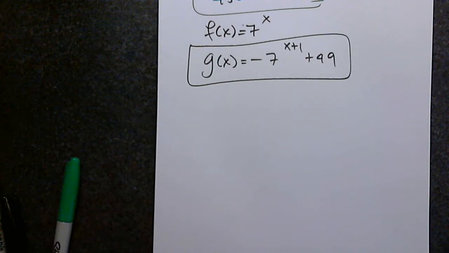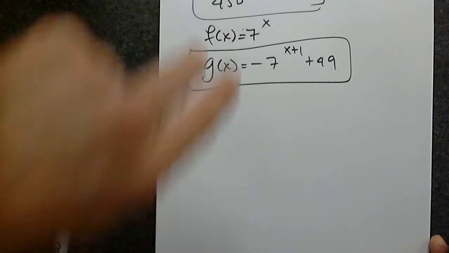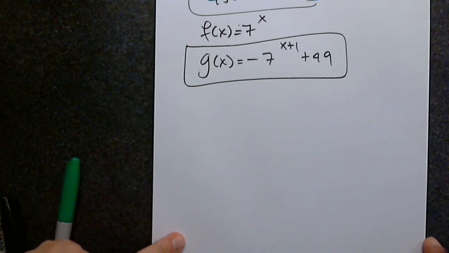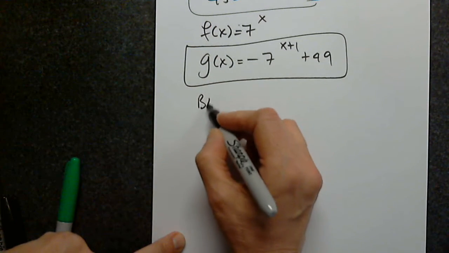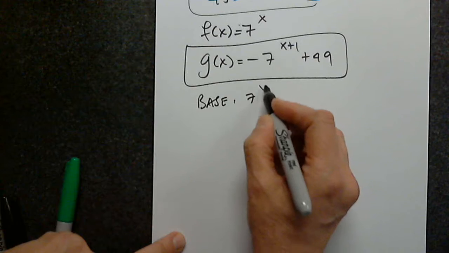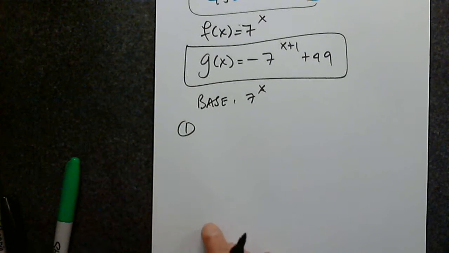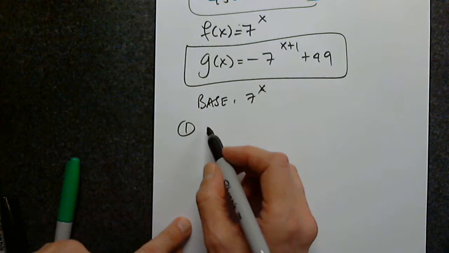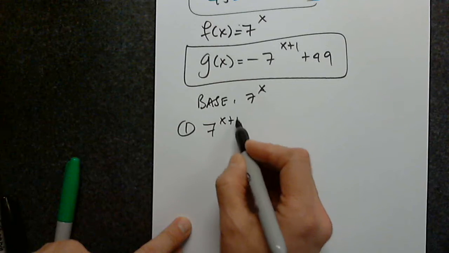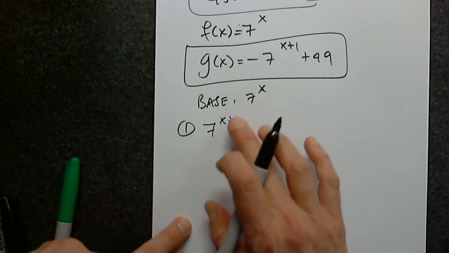So what are the transformations here? So the base function. Very good. Step number 1. The first transformation on 7 raised to the x power. Yes, indeed. What does this do when I change x into x plus 1?